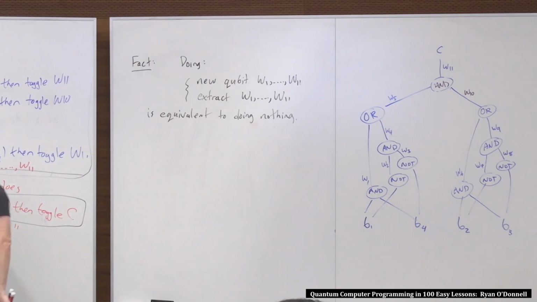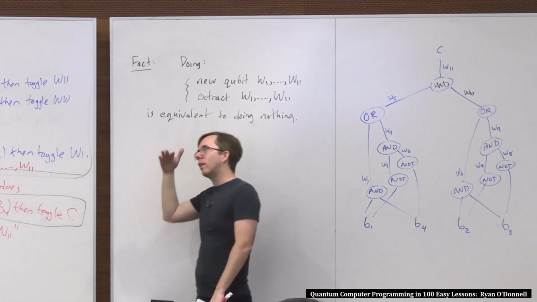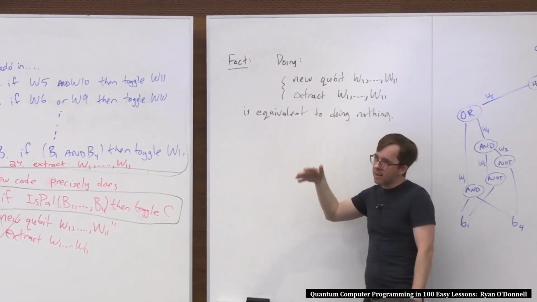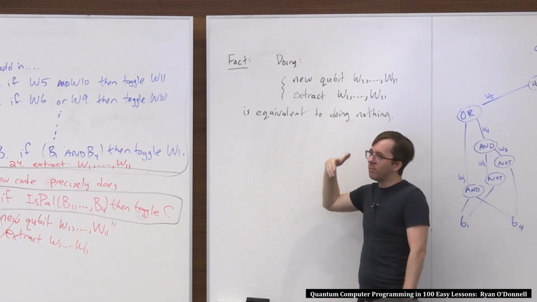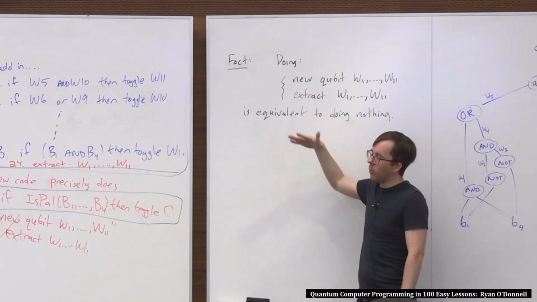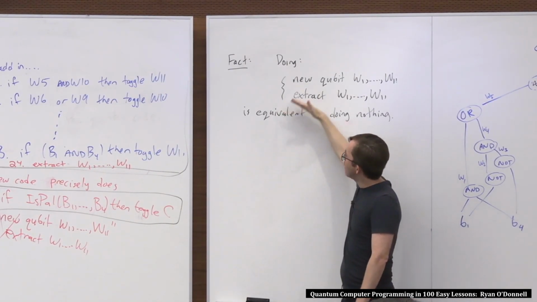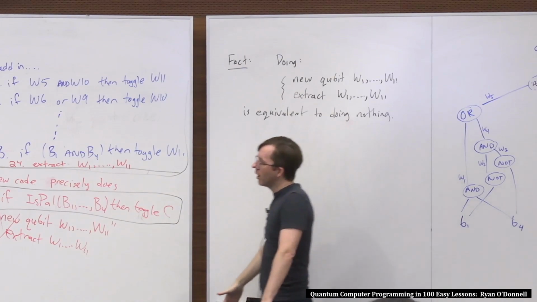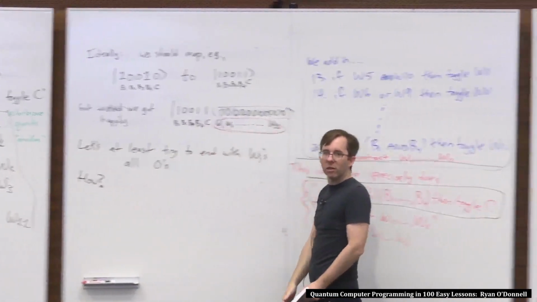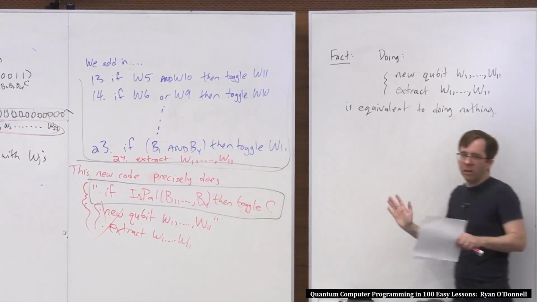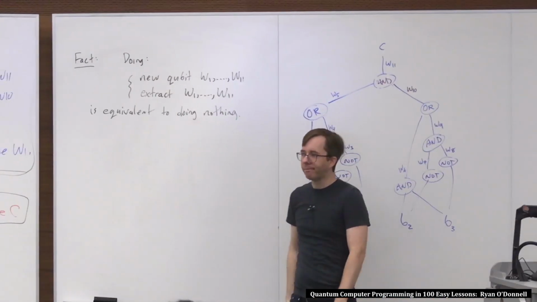Moreover, this transformation preserves efficiency. If the Python code takes t steps, then the and-or-not code probably takes t or t log t steps, but at worst t squared steps. So you get t squared lines of and-or-not code, and this transformation basically doubles the number of lines of code. So it doesn't ruin the efficiency.